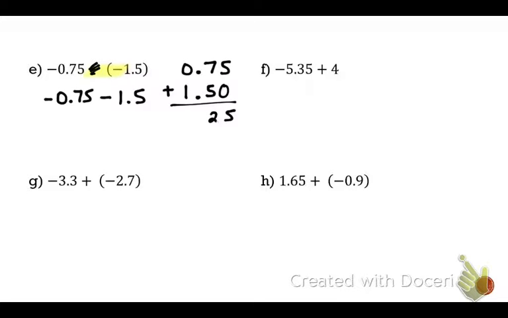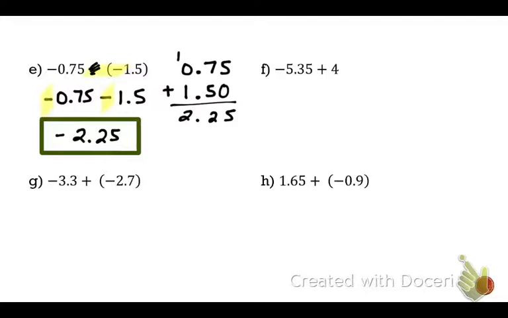All right, very good. We do get 2.25. So I'm going to put my final answer over here. Now remember, add the numbers, keep the sign. Is that a positive or a negative answer? Look, keep the sign. Those are negative, so we're going to keep that negative sign, and the answer is negative 2.25.